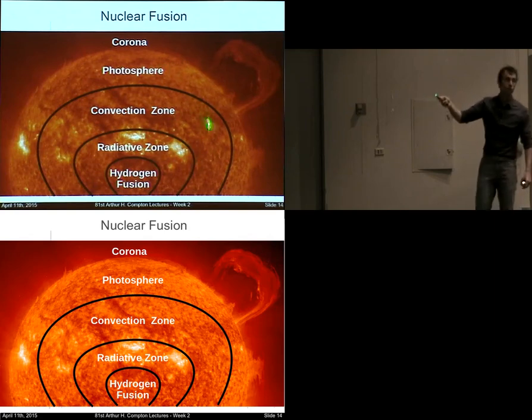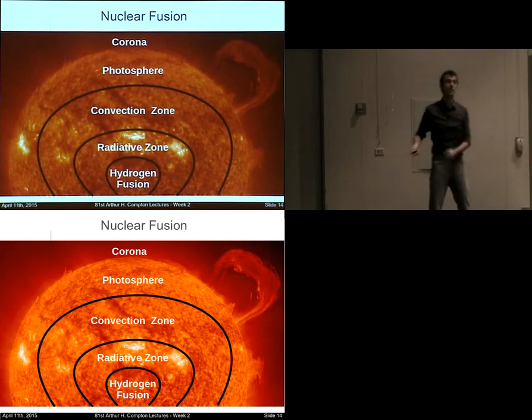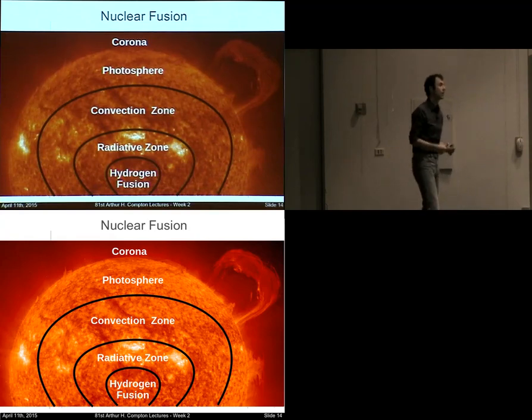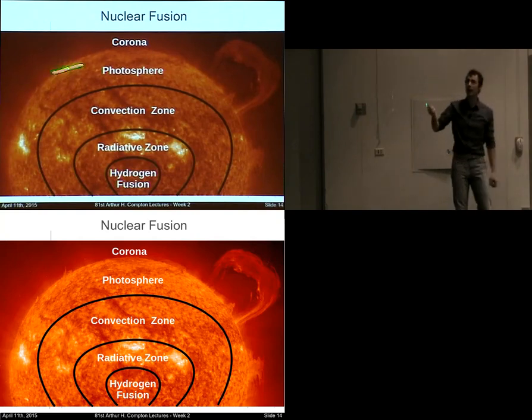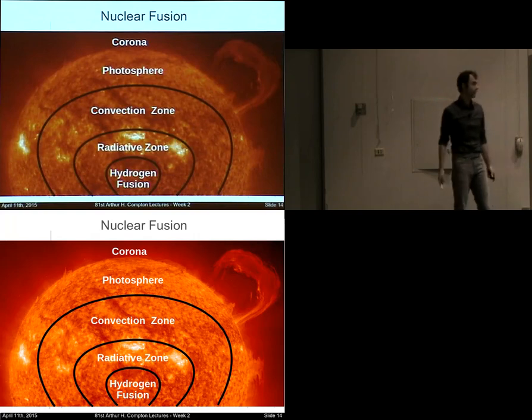What happens in here is a great deal of twisting and motion and turbulence. And it is what happens in this zone that then leads to what we see out here, which is things like coronal mass ejections, sunspots, and the magnetic behavior that we see on the surface of the sun. That magnetic behavior is actually driven by this turbulent mess that's happening underneath.